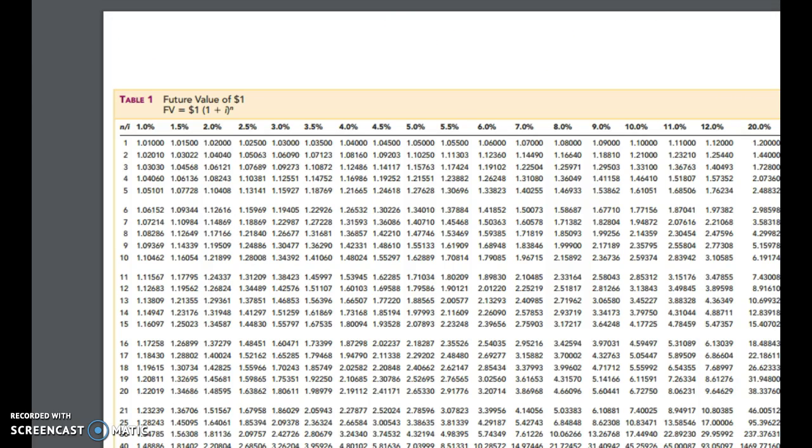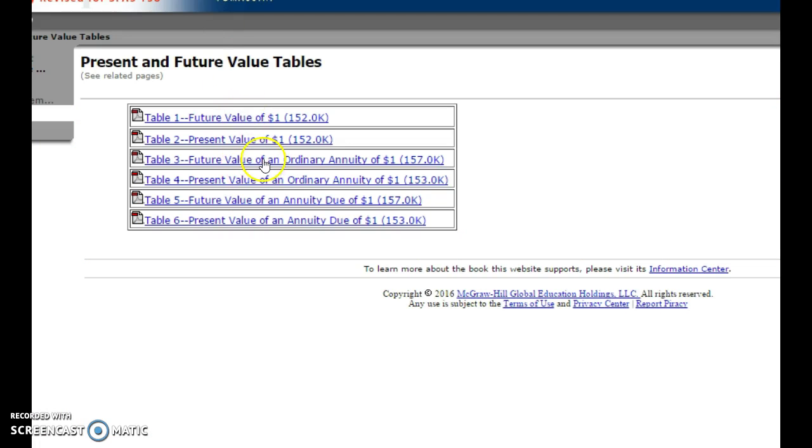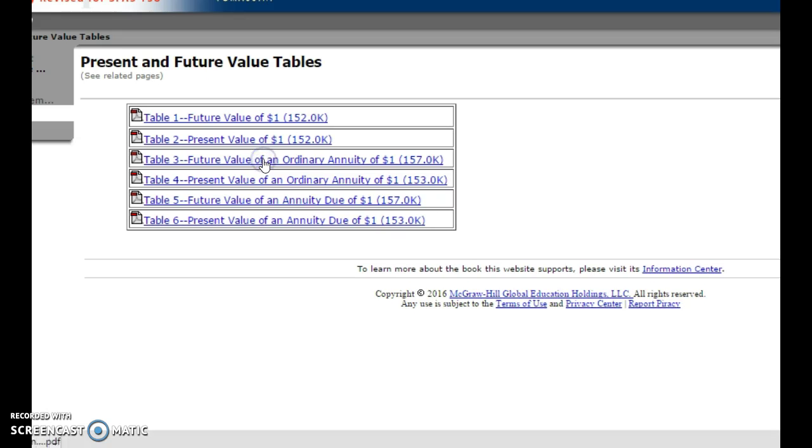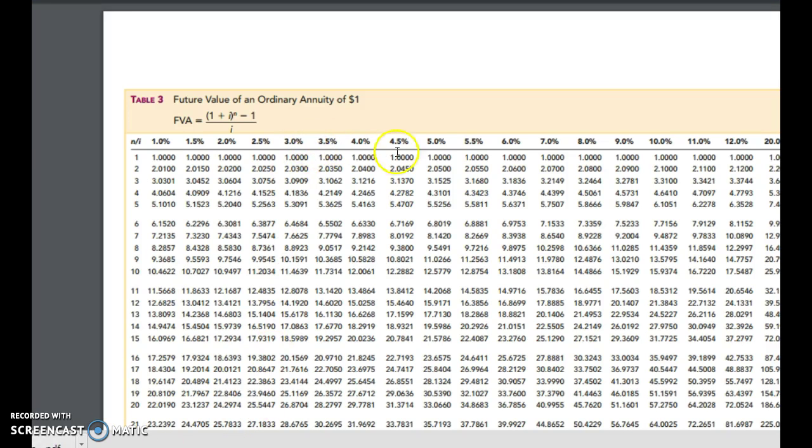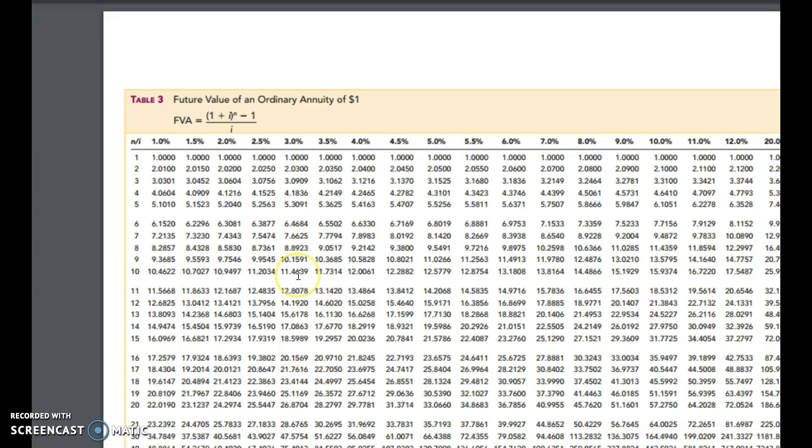If you were talking about a series of payments, you would use this future value of an annuity, and unless they say differently, you would use the ordinary annuity. You would still go over to the interest rate and go down to the number of years, but the factor is going to be very different. So make sure you're clear on whether it's a single amount investment or a series of payments that's being invested.